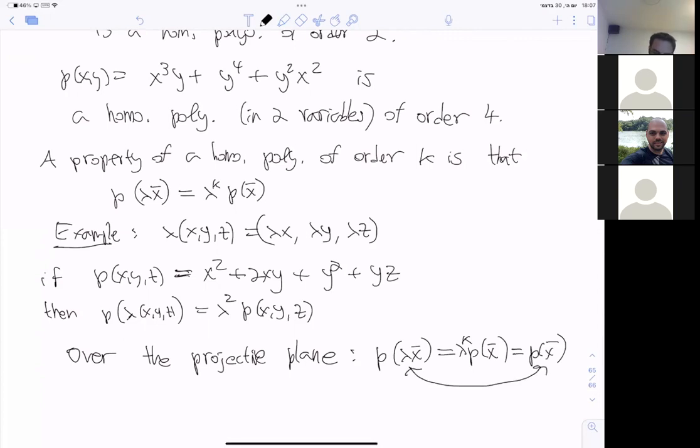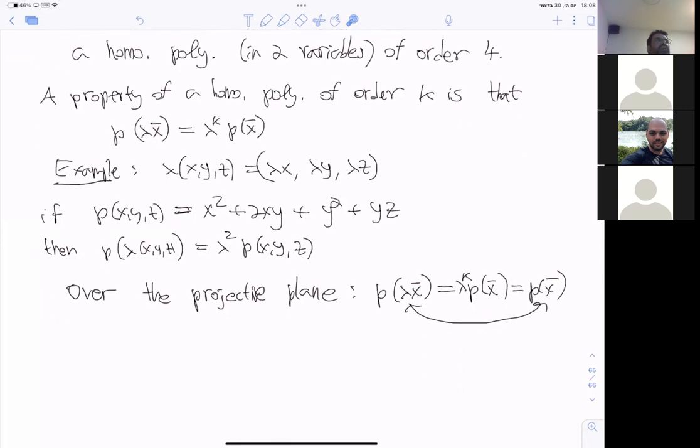These are the same, lambda x and x. So in the world of a projective space, it's the same thing, because anyway, lambda is going out. For us, a vector multiplied with a scalar is the same as the vector.